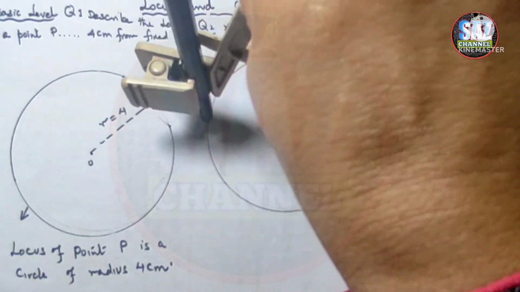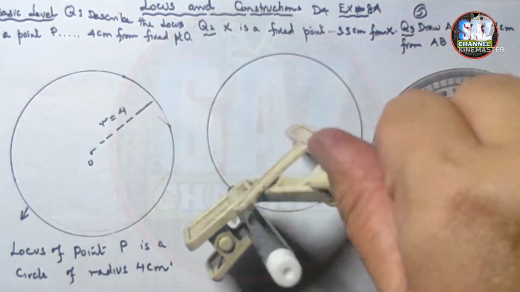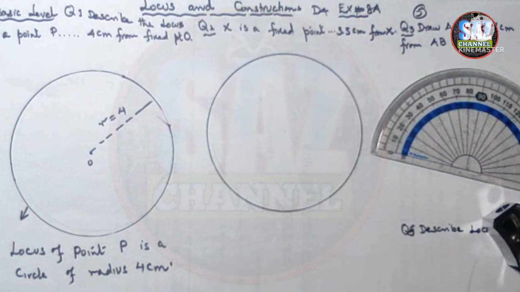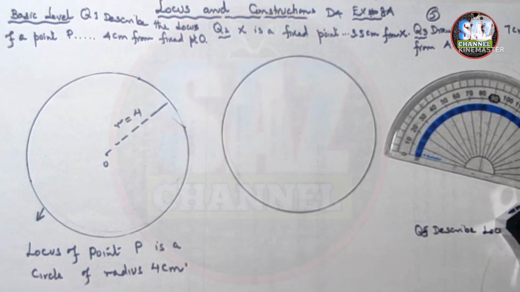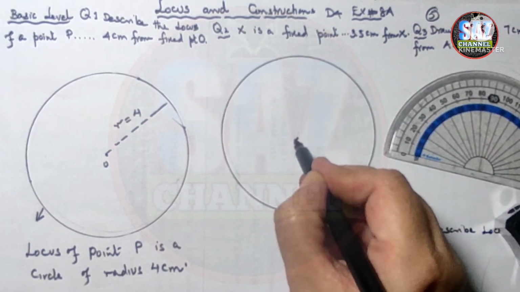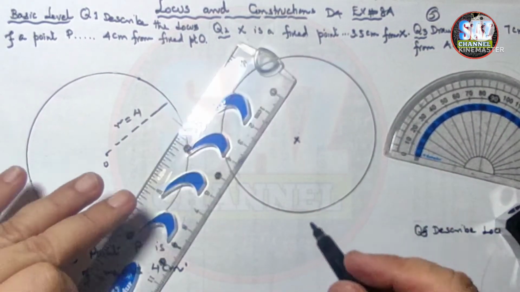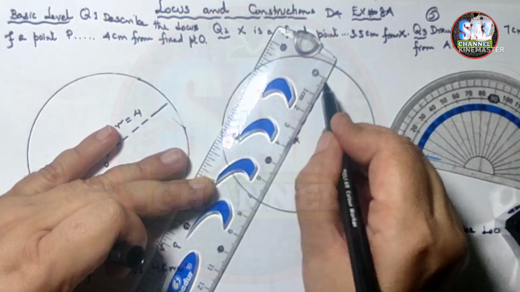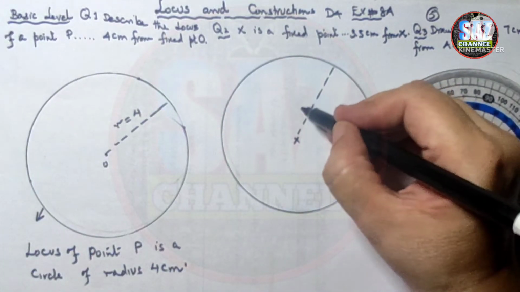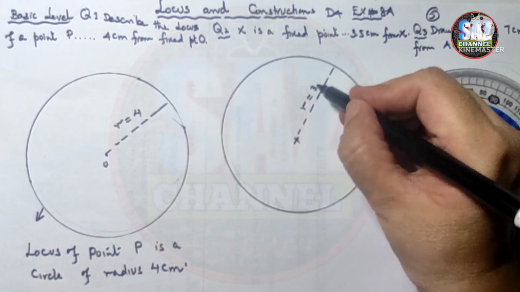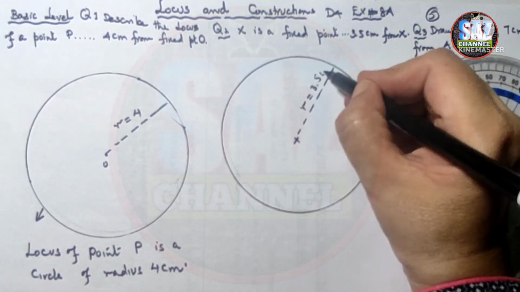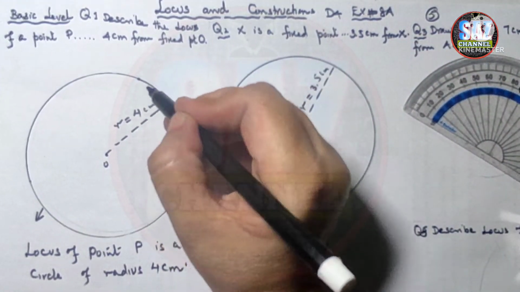And now what we have to do is mark the center of the circle and the radius both. This time the fixed point does not have the name O, it is X. So, I have marked X and the radius is 3.5 centimeters. So, what description will I be writing?